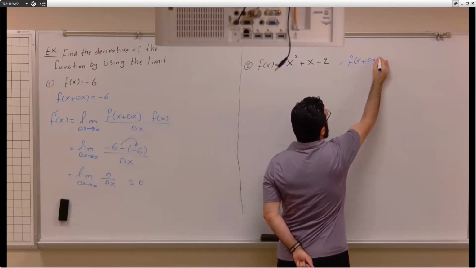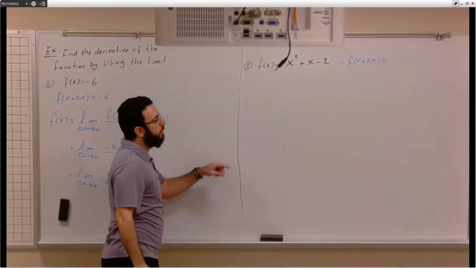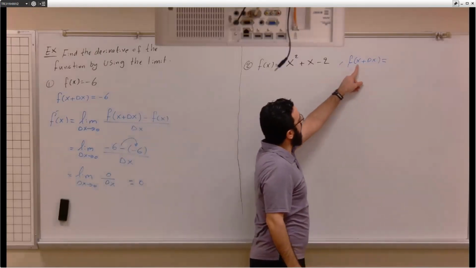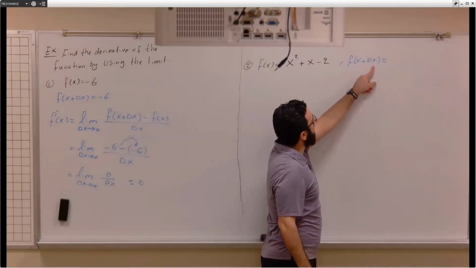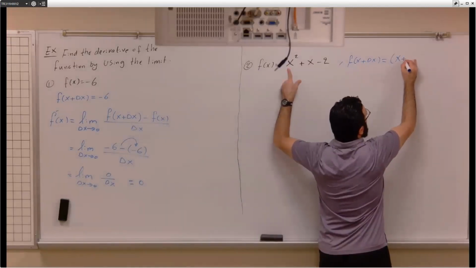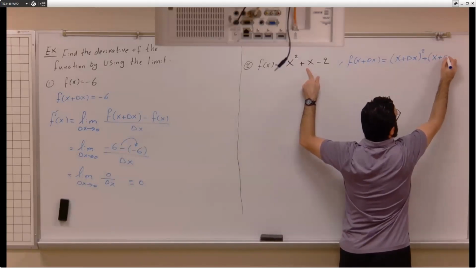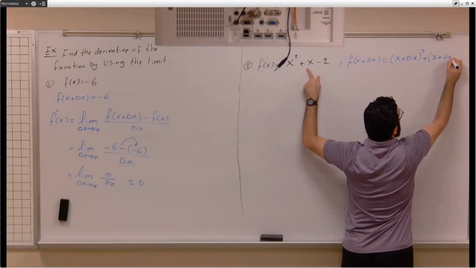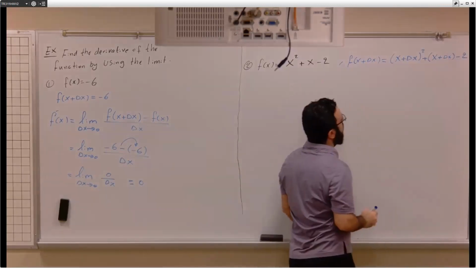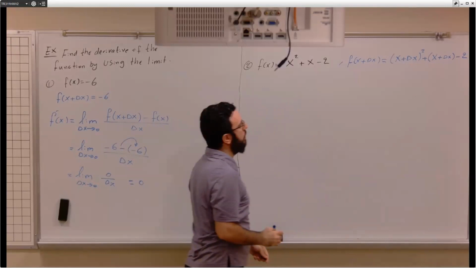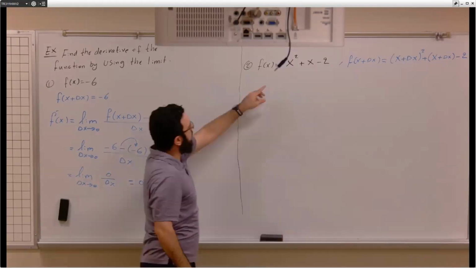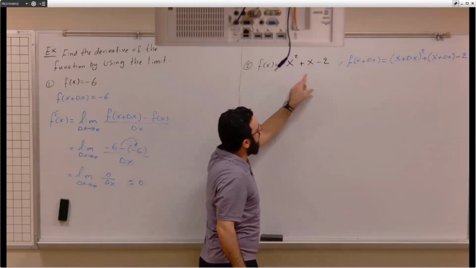That's where I plug in, and instead of each x, I'm going to plug in x plus delta x. So it's x plus delta x squared, plus x plus delta x, and here is minus 2.